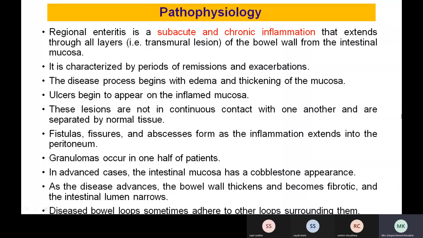As the inflammation extends to the peritoneum, slowly and steadily it would tend to develop a granuloma. Okay, what is a granuloma? You must have studied granuloma in pathology. You all had pathology?